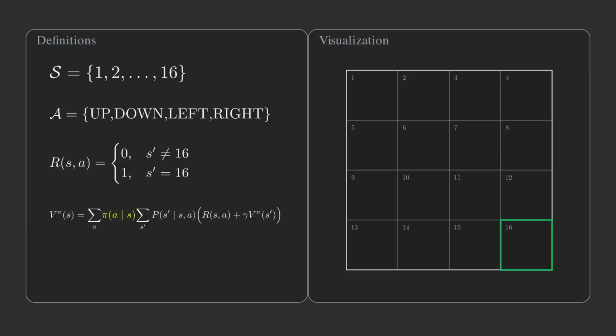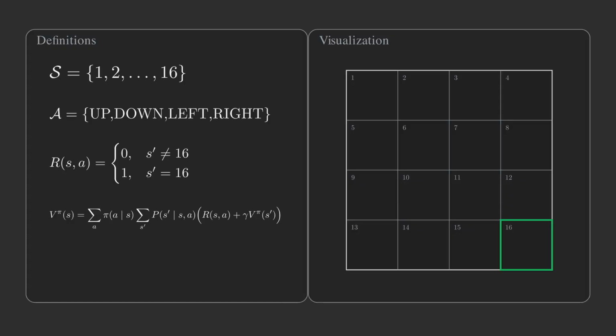This average is weighted by the probability of taking this action in state s, given the policy, as the policy tells us what actions we should take, and reaching the next state s prime, given the transition dynamics, as the transition dynamics tell us how likely it is to reach s prime. So in essence, weighted by how likely this action is and how likely the transition is.